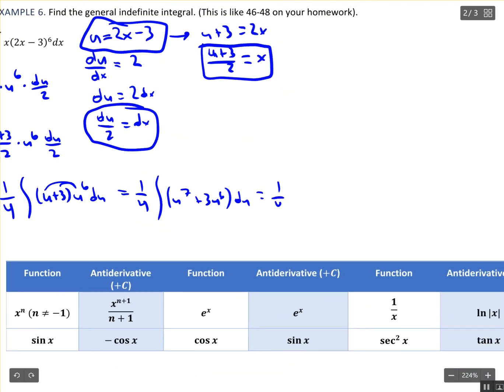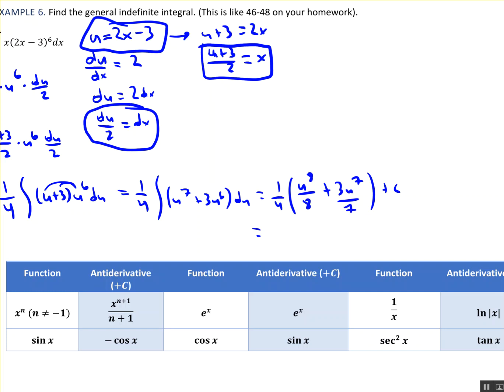So I get 1/4 times the antiderivative of that: u to the 8th over 8 plus 3u to the 7th over 7, plus c.